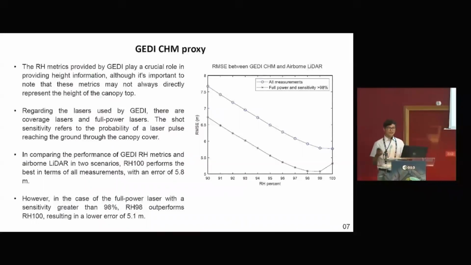We already mentioned that the GEDI data provide the relative heights with respect to the ground, but it doesn't mean that it gives you the direct measurement of the canopy height. Basically, that just gives you the relative height 100% measurement, and we try to understand which kind of metric should be related to the height.